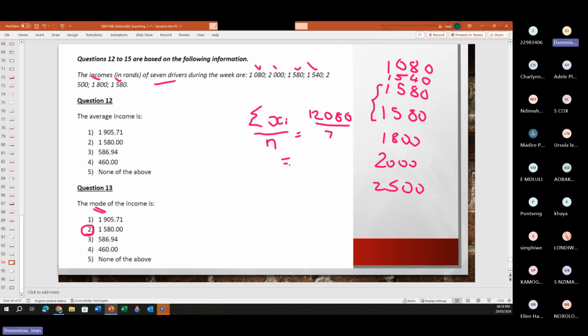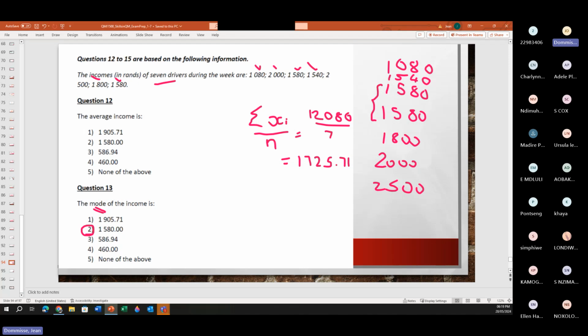We're also going to check it with Excel. So if we divide that by 7, I get 1725.71. So I am going to check this again. It might be that somewhere I made a mistake because I don't get it, but otherwise it is none of the above.